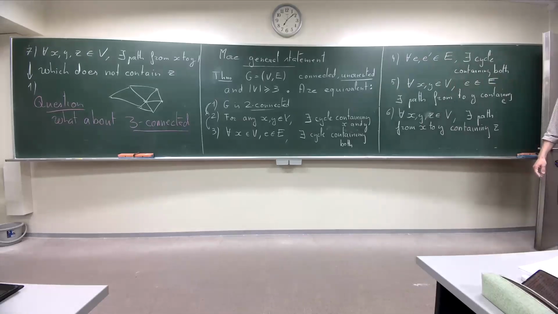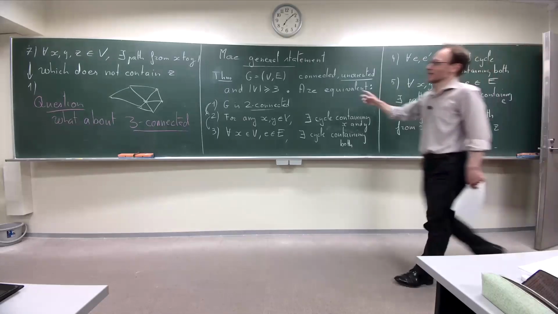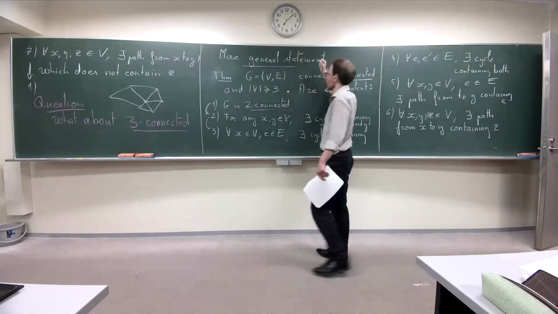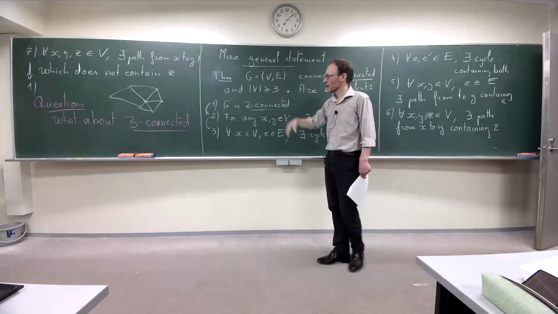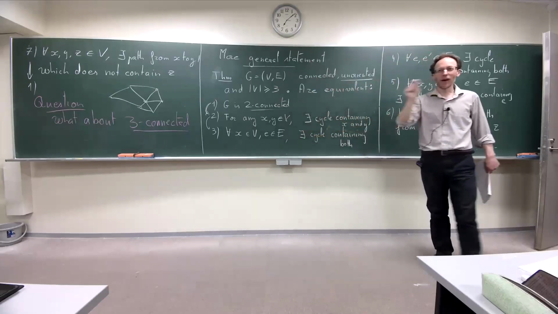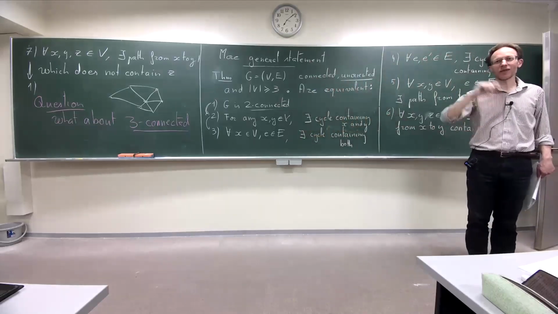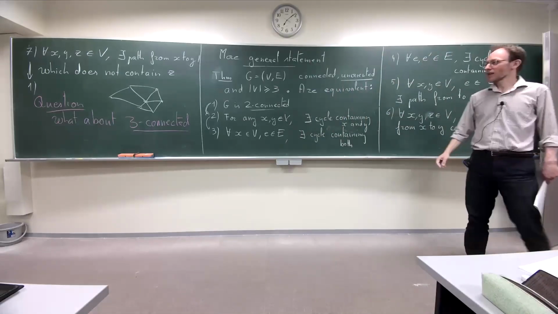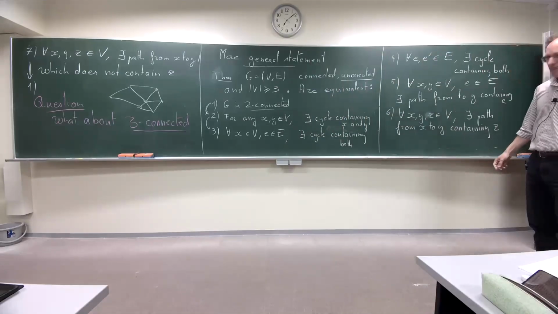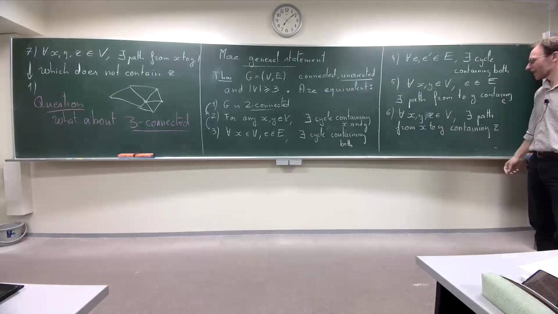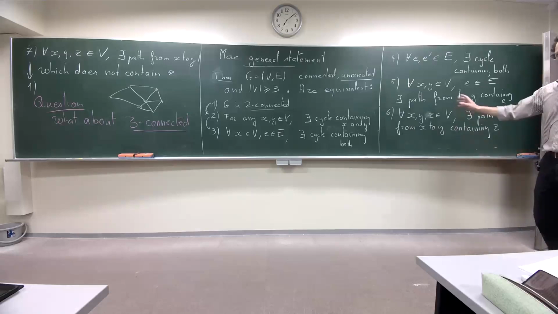Multiple edges? I don't think it plays a role here. I'm completely sure that at least in 1932, they were speaking only about simple graphs, without multiple edges, without loops. I don't think it would matter for this statement indeed.